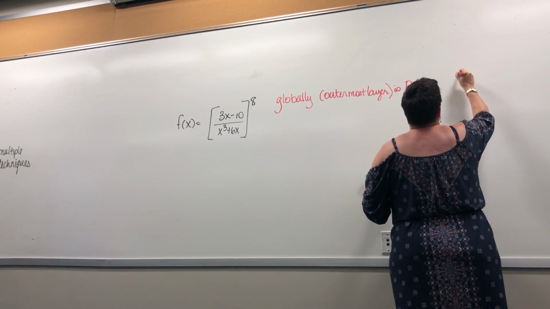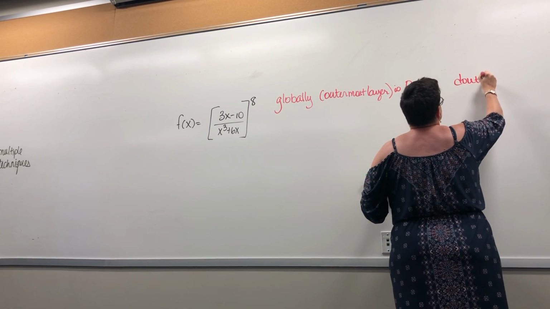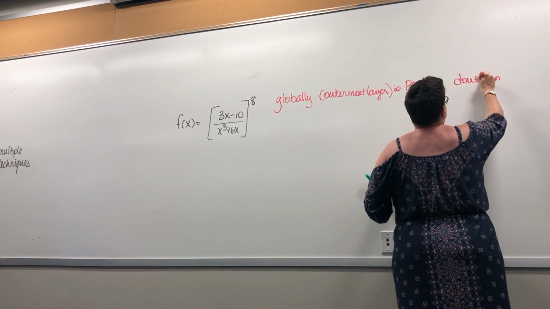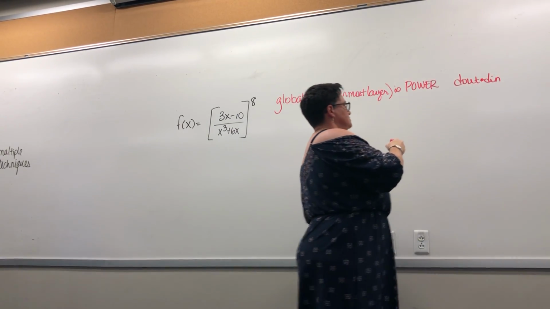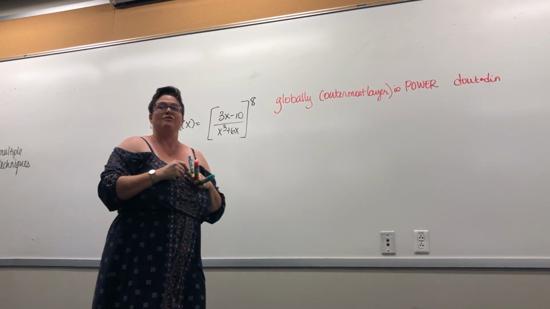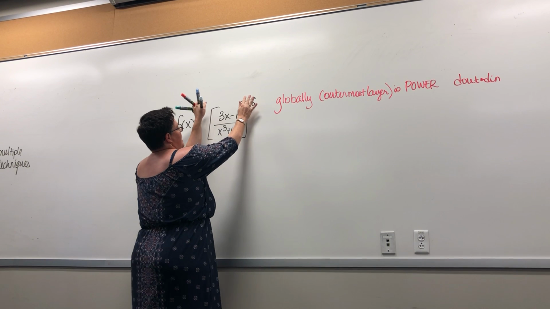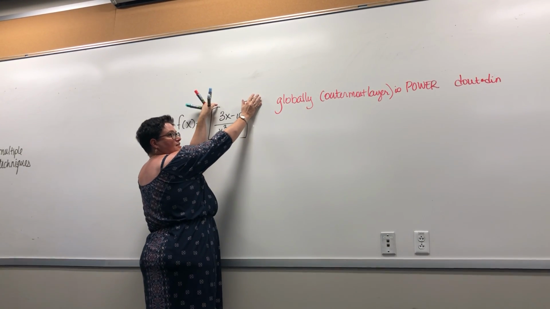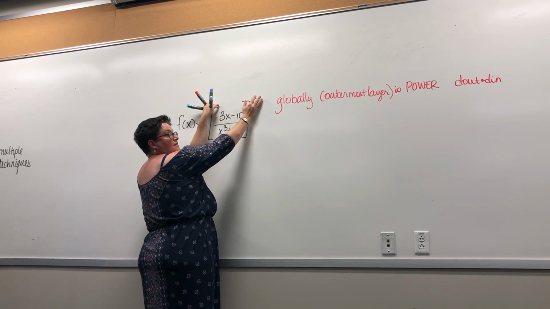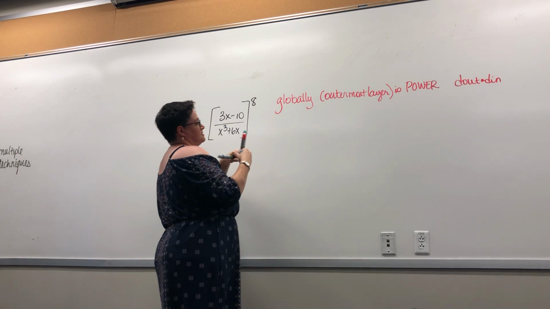So the rule for power is d out dn. That's what we're going to use for the outermost layer. But once we peel that outermost layer to do dn, what do we have left? We have a quotient.